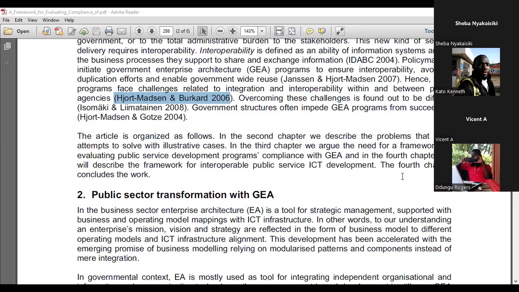So it can be a part of a theoretical framework that an ICT researcher is using together with something else maybe.